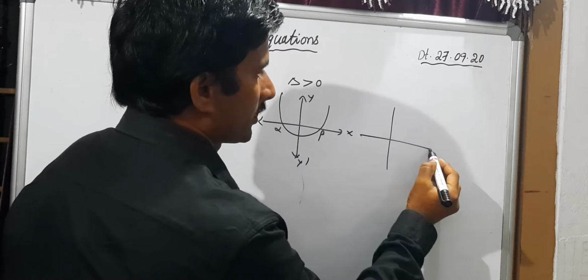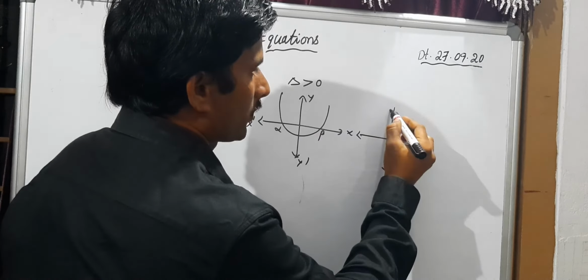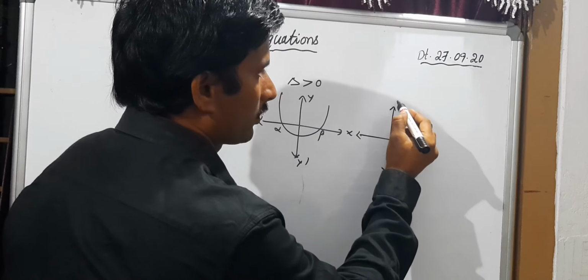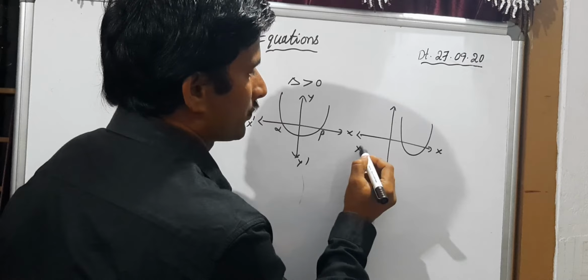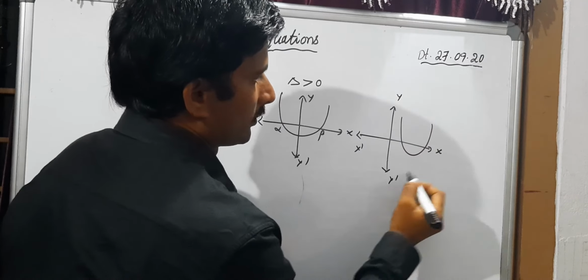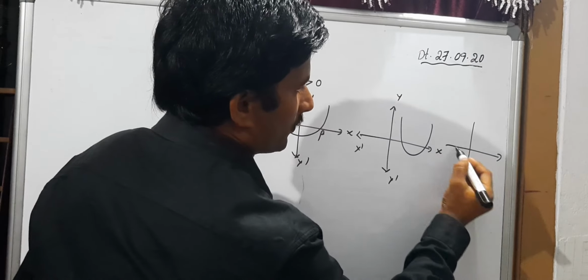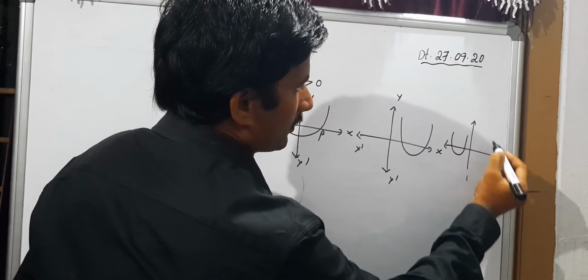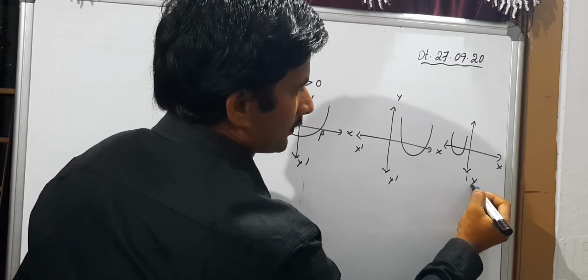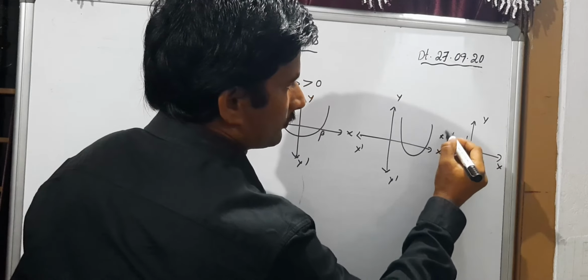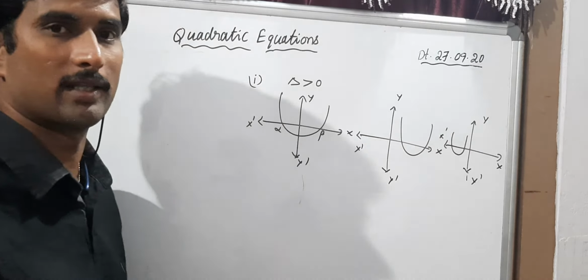Whenever the parabola intersects the x-axis, the roots exist. This is the case whenever delta is greater than 0.